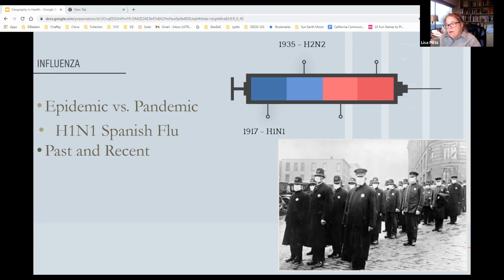And then there was the swine flu in 2009, which killed about 500,000 people or something like that in the first year. And so those are like the four main pandemics before COVID.